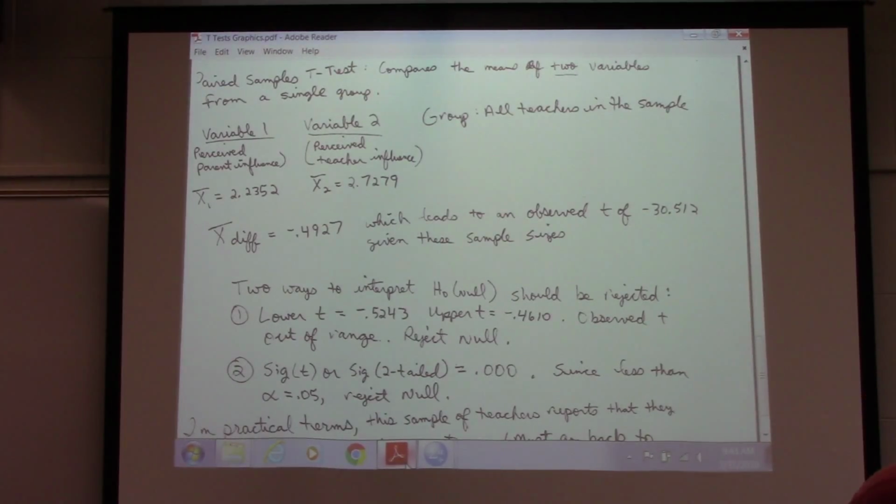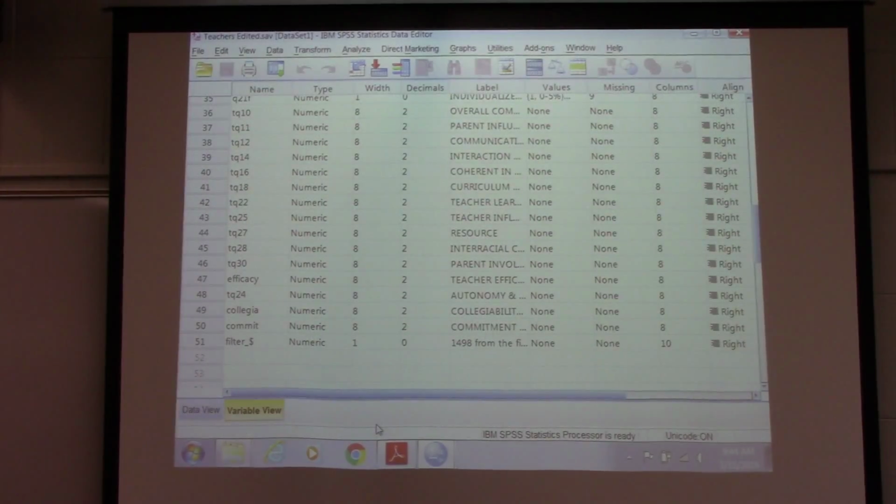So what I'd like you to do is to open up your database that's in the K-12 data that is called Teachers Edited. With that database open, if you go to your first weekend means comparison file and you look at output A, you'll see that question that I just read. Is there a mean difference between this sample of teachers' reports of teacher influence and parent influence in school decisions? So the variables are almost always at the bottom of a database.